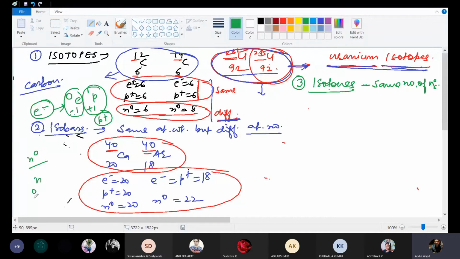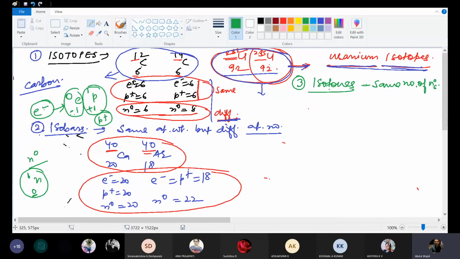Charge will always be subscript and on the left hand side, and mass will always be superscript. It can be on the left or right side, but charge or atomic number will always be on the left hand side and subscript. So stay with this, because if they write like this, you should not get confused. You should know both things.